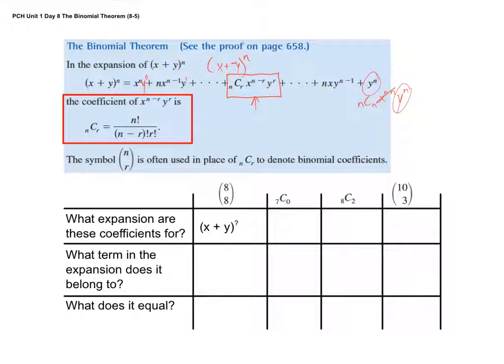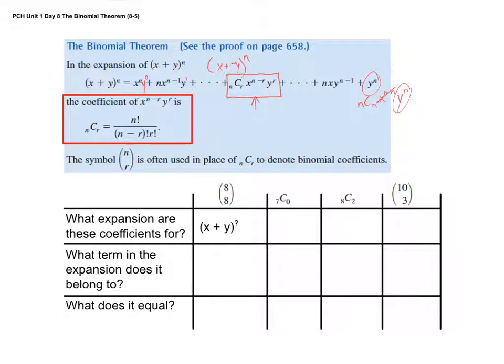If y ends up being to the 4th power, let's say, which term in the expansion is that going to be? I'm sorry, if y is to the 4th power... Fifth term, right? It would be our 5th term because you start counting with y to the 0 power as our 1st term.